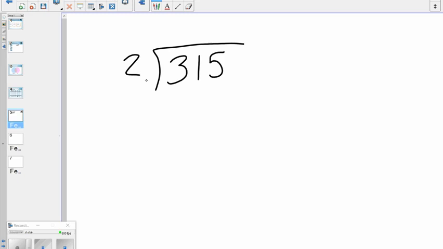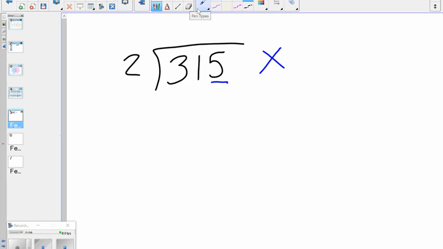Will 2 go into 315? We want to look at that last digit. Okay, is that a number that ends in a 0, 2, 4, 6, or 8? No, it's not. So it will not go in evenly. It's going to have a remainder. Okay, this one will not go in evenly. You're going to have a remainder or a decimal or fraction left over when you divide 315 by 2.